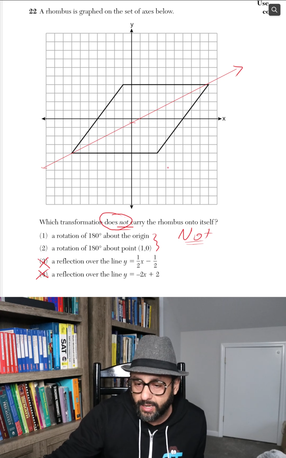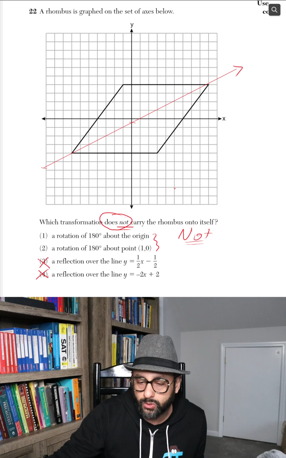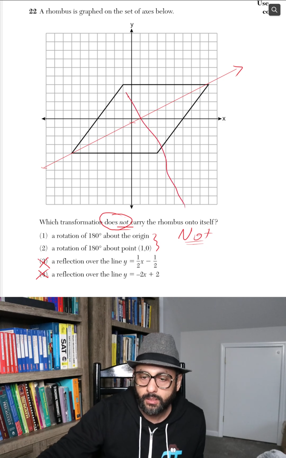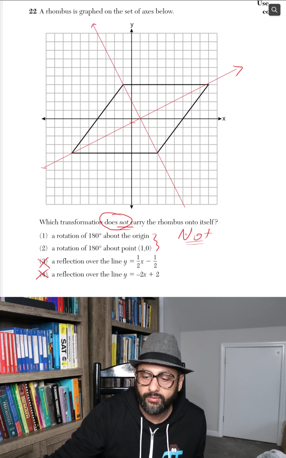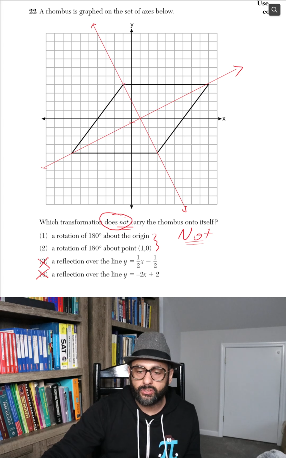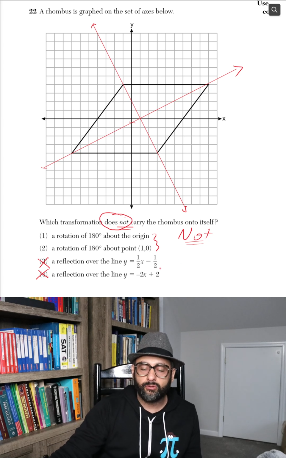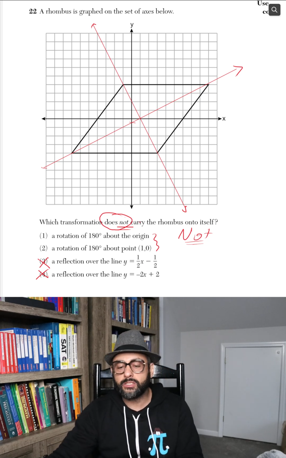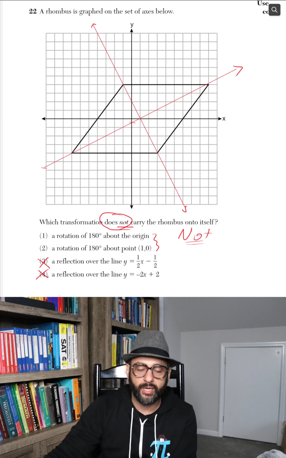But also, if you graph the line y equals negative 2x plus 2, let's see, good, make it perfect. Now, I'm using software to make the line perfectly drawn. You have your straight edge to do it. This line is also a line of symmetry going through these two vertices, so that proves that that's not the answer. So how does it show which of choice 1 and choice 2 is the answer?